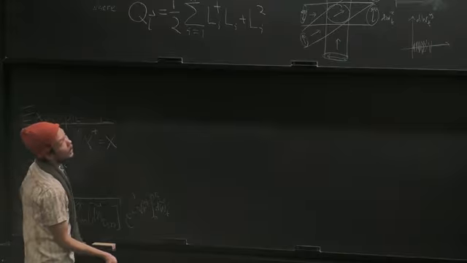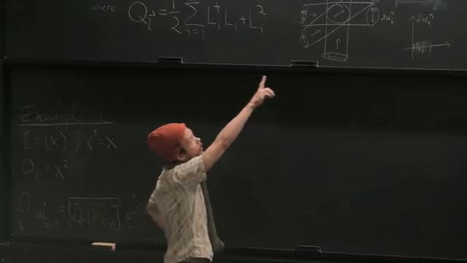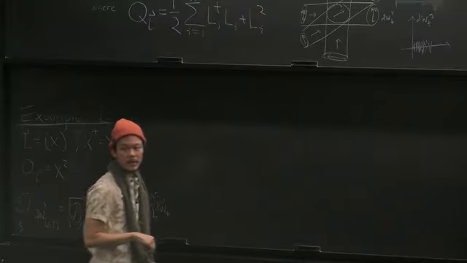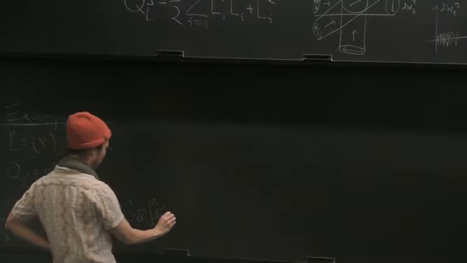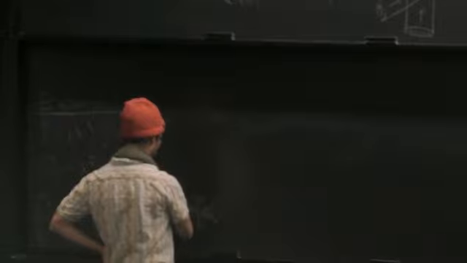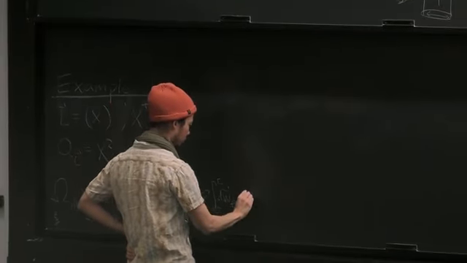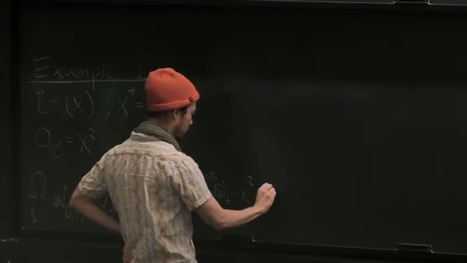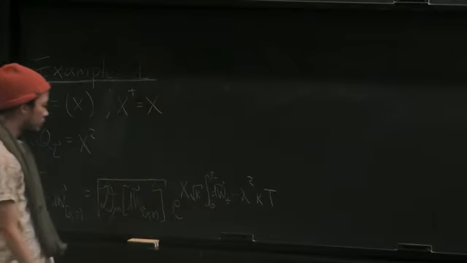Okay. And then the integral over time of dt is just t. Oh, and I should just put an x here. Sorry. Okay, so that's the easy part.